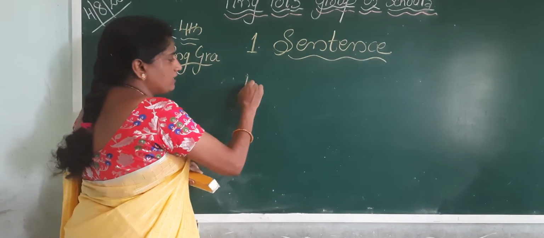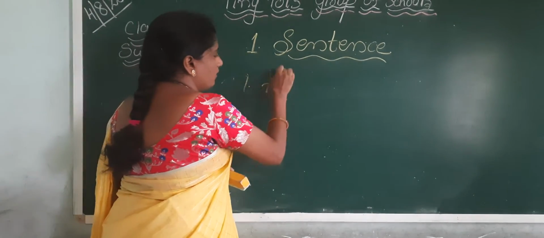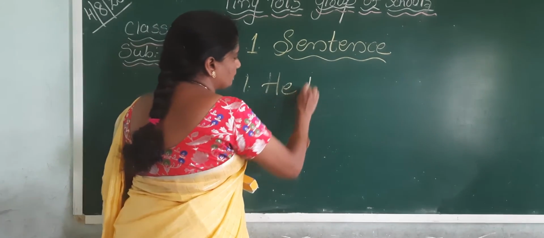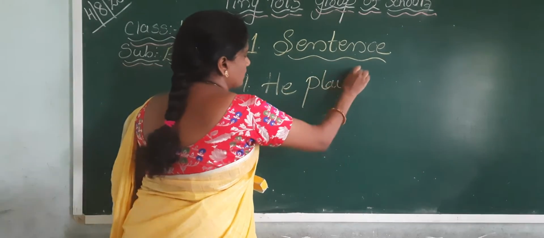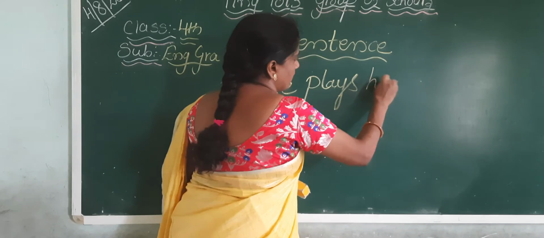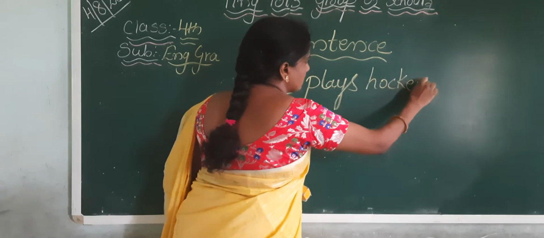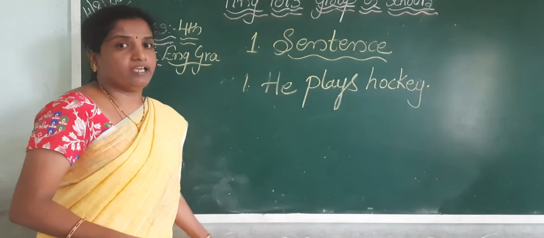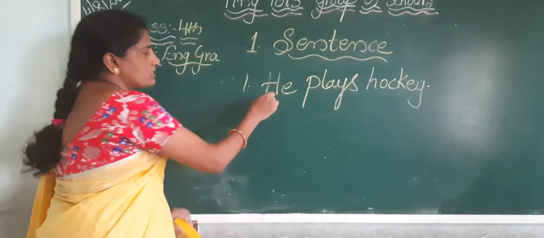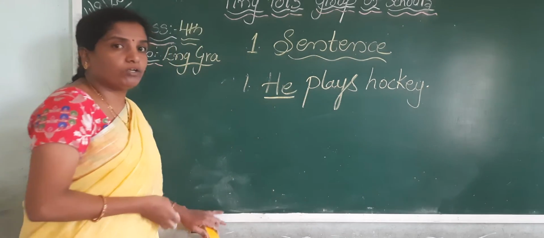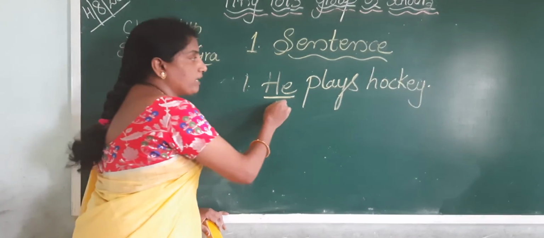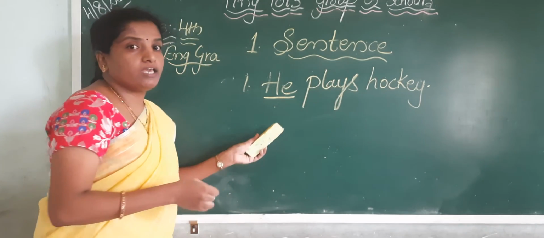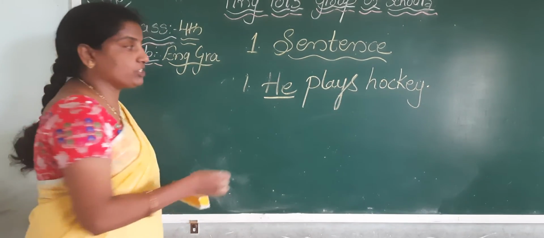Now, first one, let us have a look. He plays hockey. Now see children, if you observe the sentence, who is playing hockey here? He. So he is the main part of the sentence. He performs the action. He is the doer of the action.